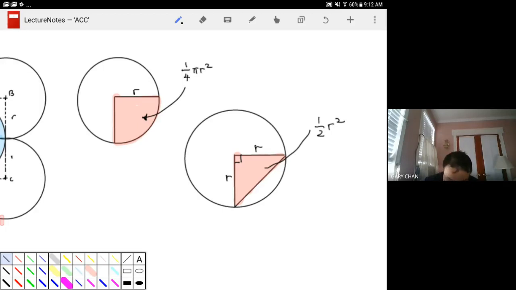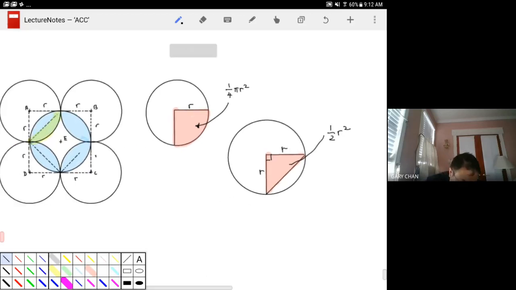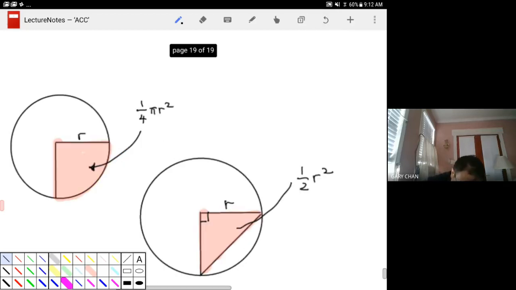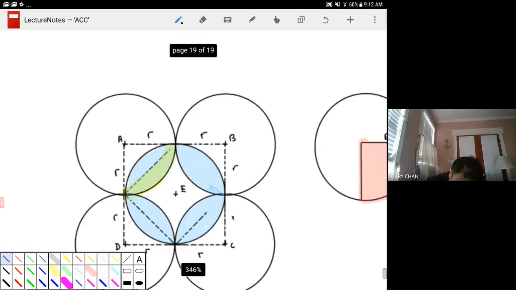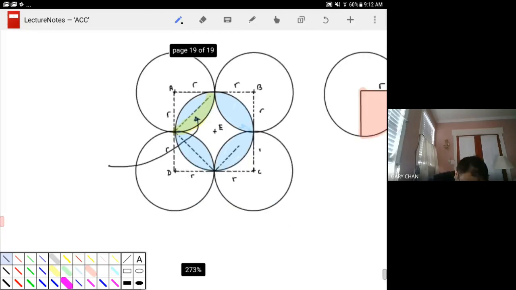So the area of just this piece alone will be 1/4 pi r squared minus 1/2 r squared.